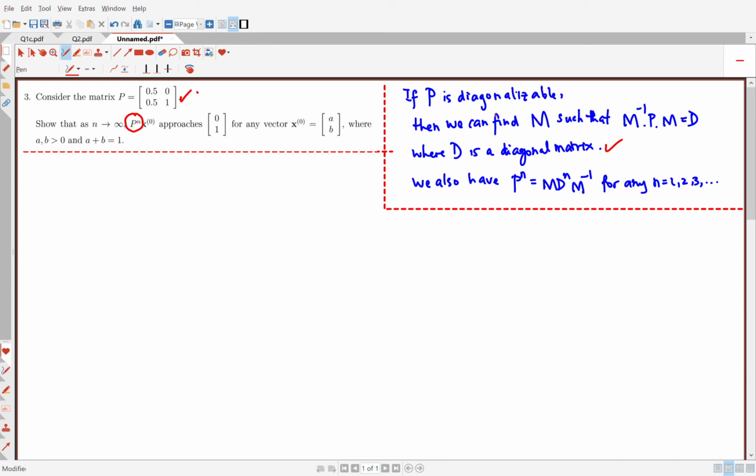And if P is diagonalizable, we can use the same M and D, and P to the power of n is just M D to the power of n M inverse for any n. We will make use of this, but what we still don't know is whether it is diagonalizable or not. Okay, so proof.